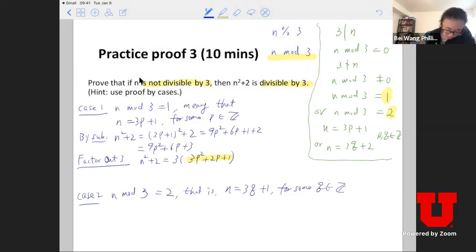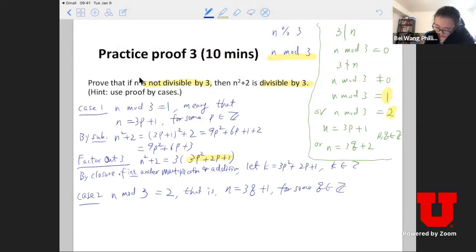So by closure of integers under multiplication and addition, let k equal 3p squared plus 2p plus 1.